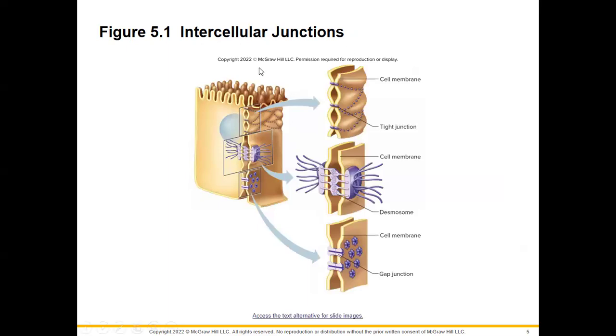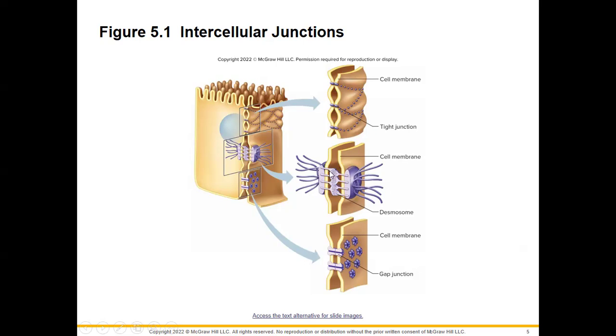So here you see the three different types of intercellular junctions. So here you have your tight junctions. Look at it. It's sort of like you have these membranes sewn together really, really tightly so that they're fixed. They're not going anywhere. Then you have desmosomes.